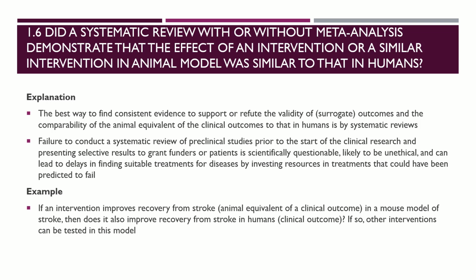So the effect of an intervention on animals in an animal model should be similar to that in humans for that to be clinical translatability. Okay, so the best way to find consistent evidence to support or refute the validity of surrogate outcomes and the comparability of the animal equivalent of clinical outcomes to that in humans is by systematic reviews.